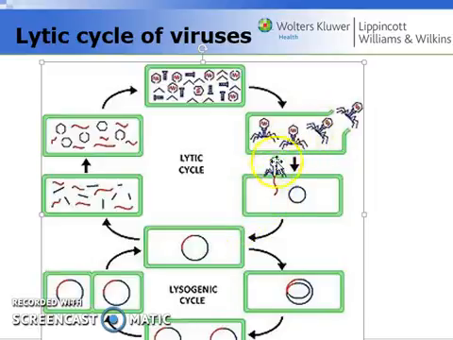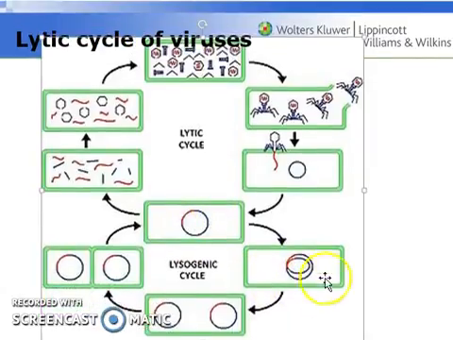Now, when a bacteriophage lands on a cell and releases its viral DNA and the viral DNA is integrated, there are two pathways that could be followed: either the lytic cycle, which we just talked about, or the lysogenic cycle, in which you now have a lysogenic cell, which is going to simply replicate the viral DNA.